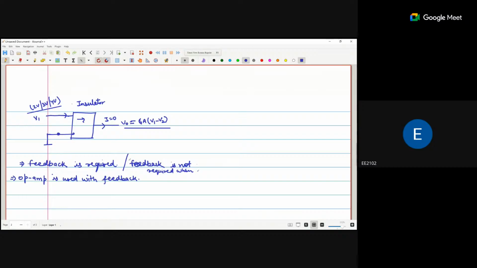When we discuss the lab part, we will discuss the op amp as comparator. Feedback is not required when the op amp is a comparator. Otherwise, we require the feedback.